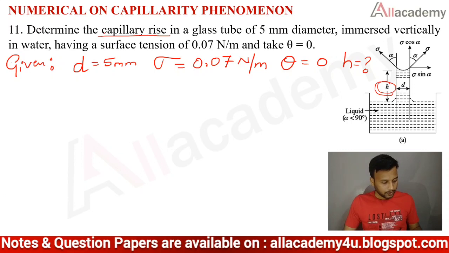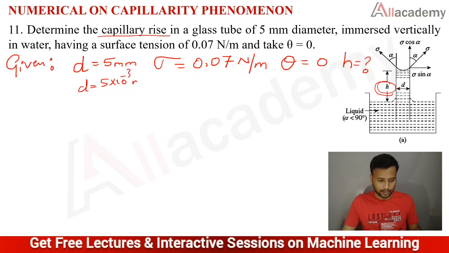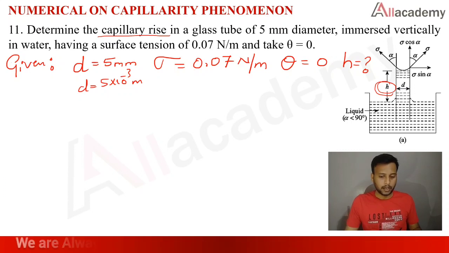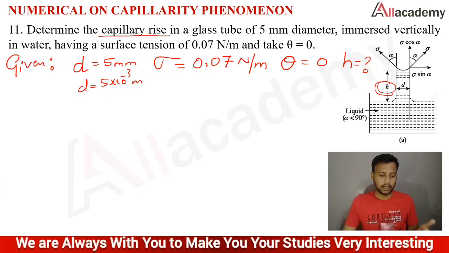For this, let us convert the diameter into meters, 5 into 10 raised to minus 3 meter, as sigma is already in terms of Newton per meter. And the H you will get will be in meters, because D is substituted in meters.